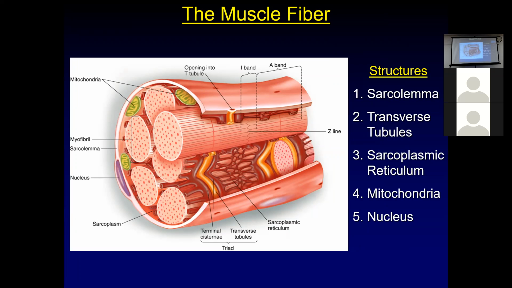And that's going to make them unique, and they're going to have some different internal structures than regular cells, okay? So one fiber is one cell. Depending upon the size of your muscle, you may have hundreds to hundreds of thousands of individual muscle fibers in one muscle, okay?